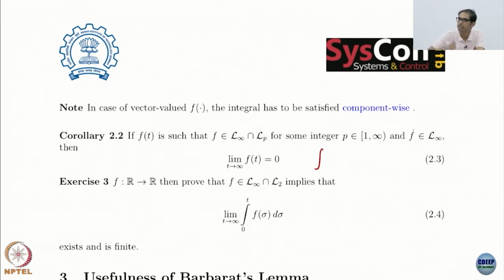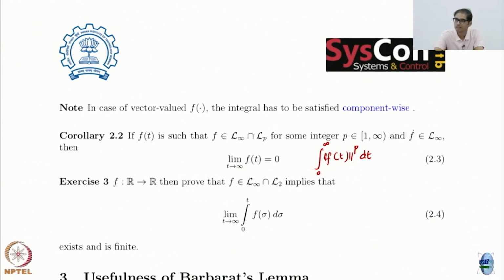Absolutely, the p norm is integrable. What is the p signal norm? The p signal norm is this. This is what we defined as the p signal norm. Now if I say this is integrable, it is as good as saying that this, to the power 1 by p, does not matter.